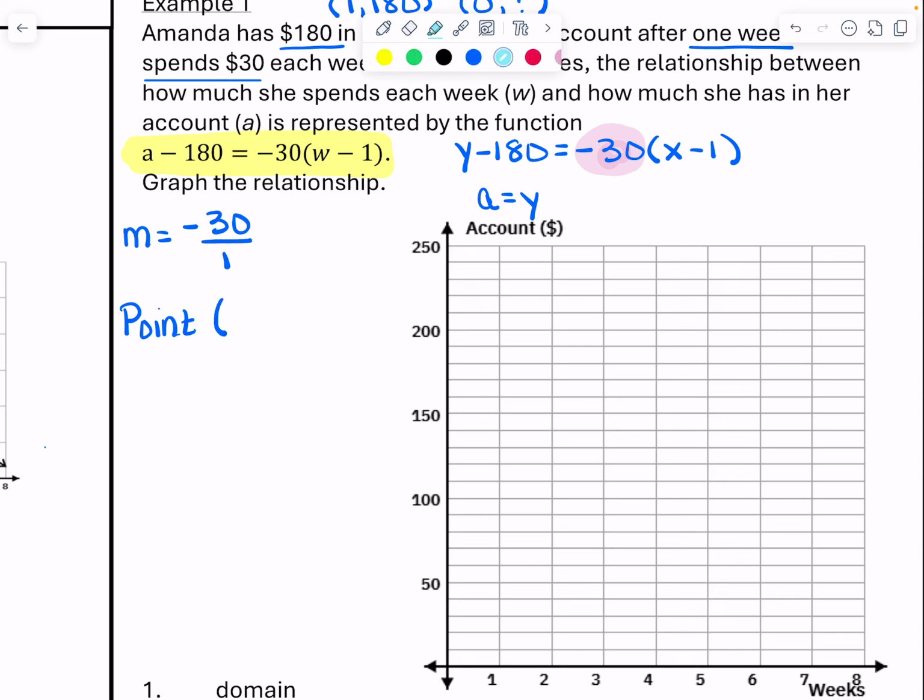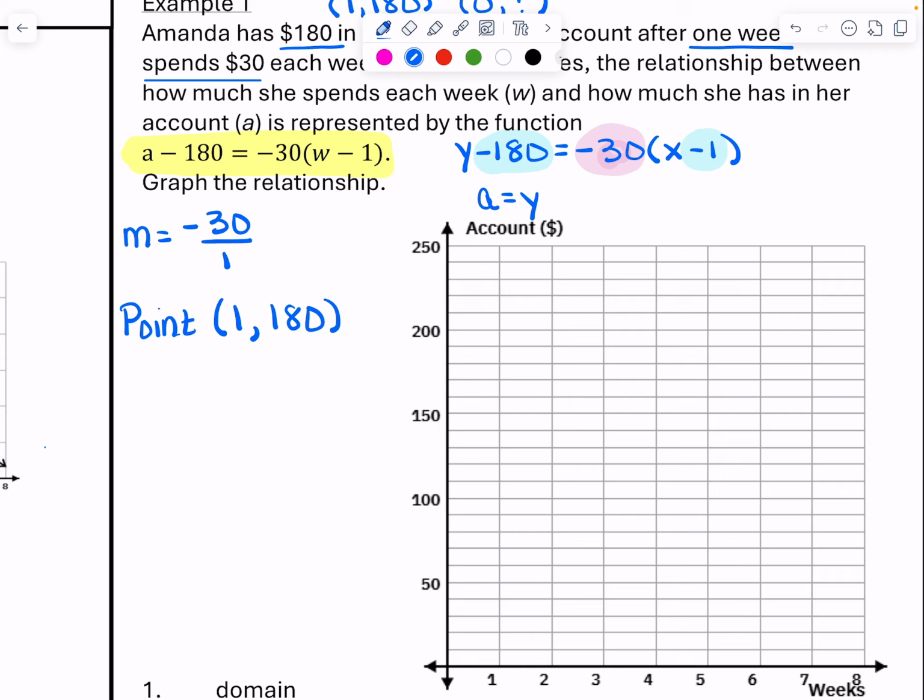So when we're looking at this, x sub 1 is negative 1. Now, when x minus 1, when we take that out, the opposite of that is going to be positive 1. Then I have negative 180, and the opposite of that is positive 180. So there's a point.